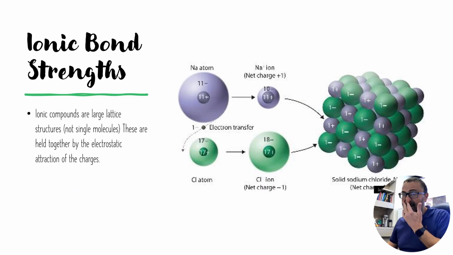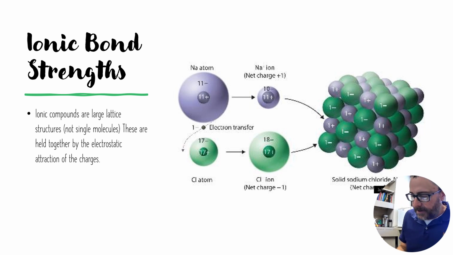All right, now ionic bonds are relatively strong, and the strength of our ionic bonds comes from a couple of different factors. It comes from the bond lengths, and it also comes from the charges that are placed there. We're not necessarily going to be doing any math on these.